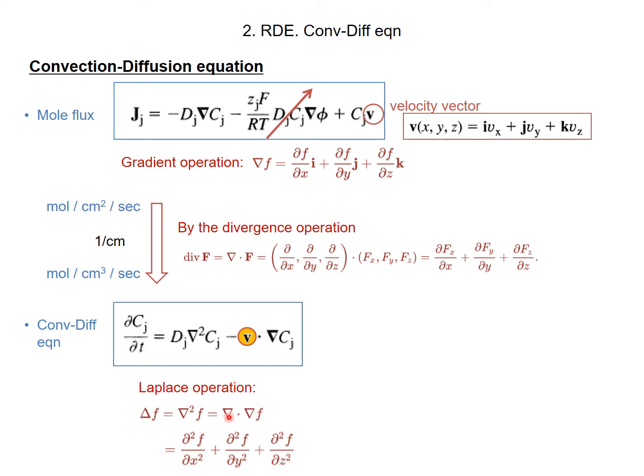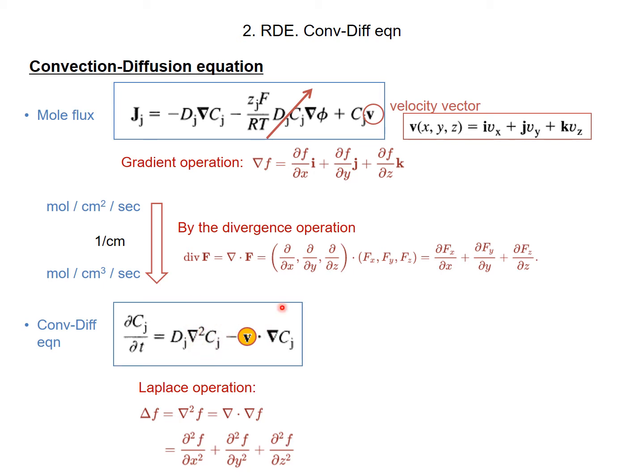So it means the Laplace operation is the second derivative operation in the form of a scalar. So after the divergence of the gradient of concentration, it is going to be the Laplacian of concentration.